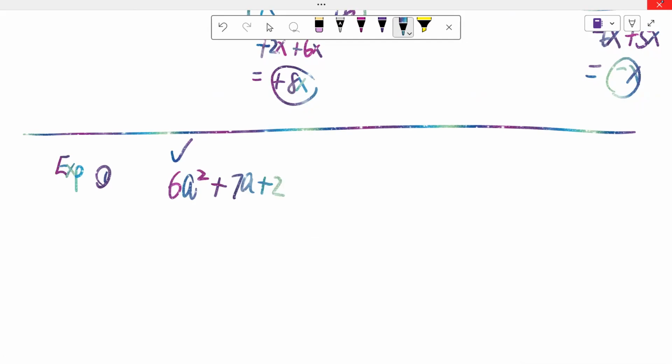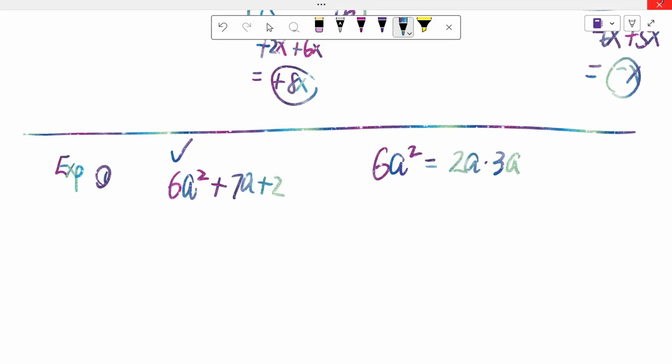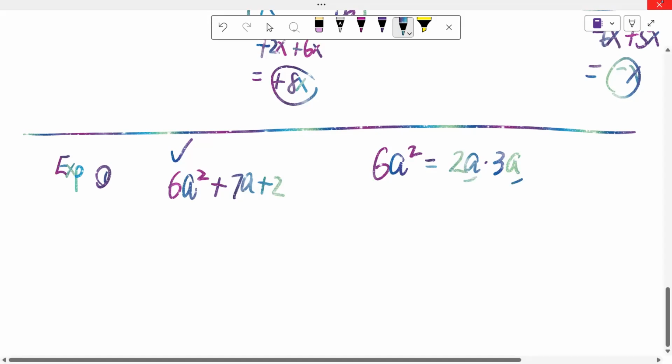So we're going to factor carefully. We're going to break down 6a squared as 2a times 3a. Again, you probably wonder, why not 1a times 6a? That also works. But I know the correct combination, so I'm just gonna go straight to the correct one. So 2a times 3a is the correct one.